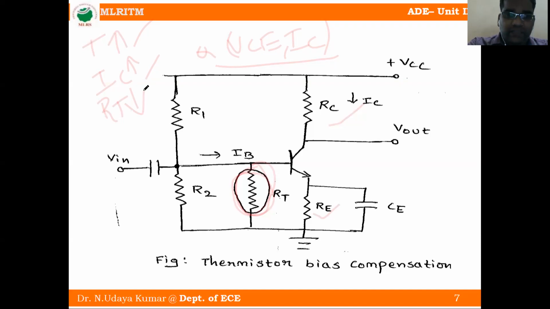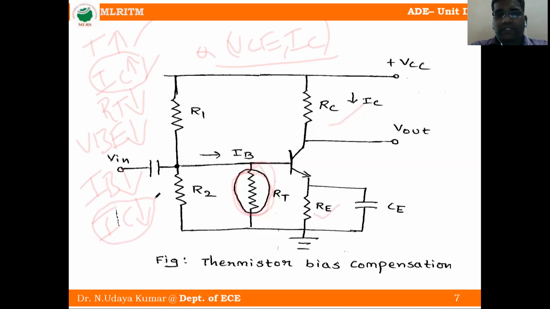If VBE decreases, IB decreases. If IB decreases, IC also decreases. So however much percent IC increases, that much percent we compensate using the thermistor. Okay, this is called thermistor bias compensation.